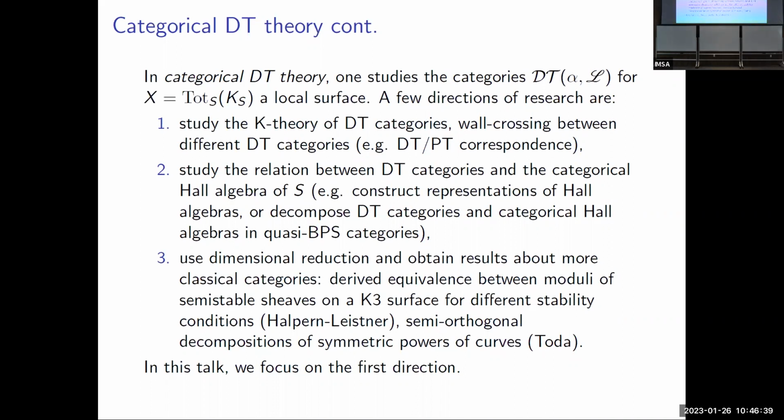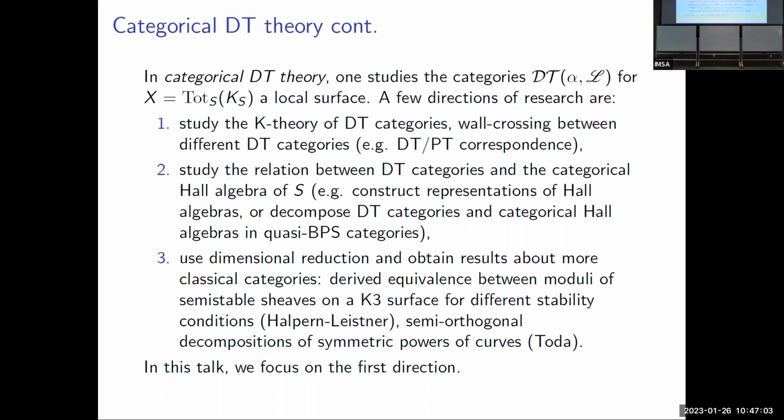And then the DT category should be representations of these. So one interesting thing is to make this precise, or complete the categorical Hall algebra to some full categorical quantum group.